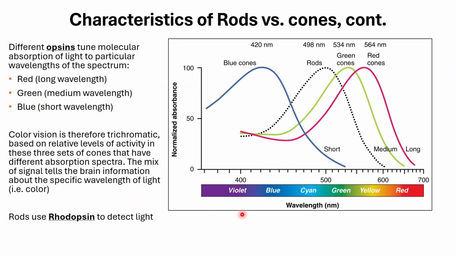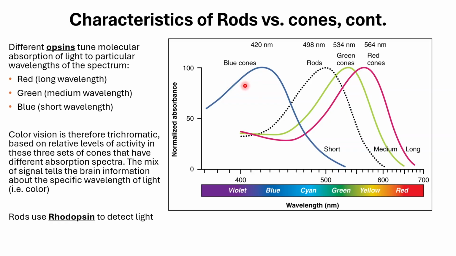So let's talk about the opsins versus the rhodopsins. Let's first talk about opsins. The reason why cones can encode color vision is because they have three different opsins that have peak sensitivity to particular wavelengths. So we have blue cones, green cones, and red cones.